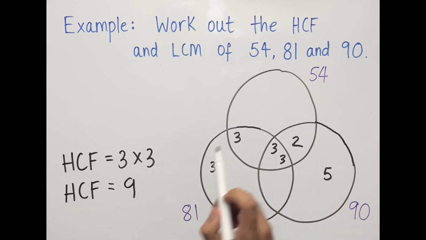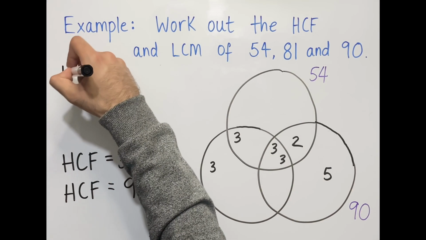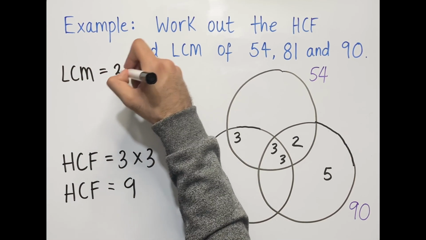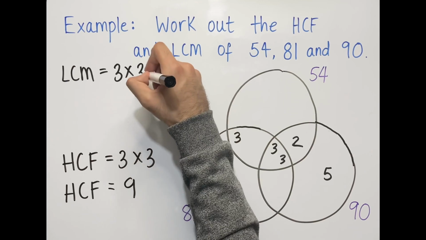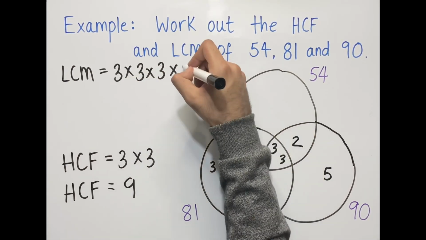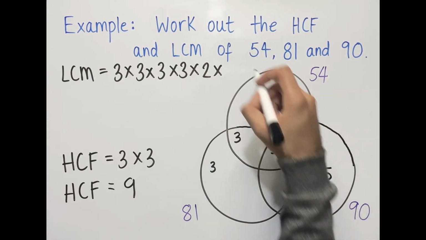So to work out the lowest common multiple of these three numbers, we use a similar method to when we work out the lowest common multiple of two numbers, in that we multiply all of the numbers within the Venn diagram. So the lowest common multiple is equal to 3 times 3 times 3 times 3 times 2 times 5.